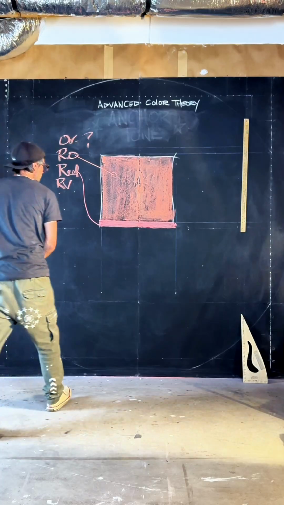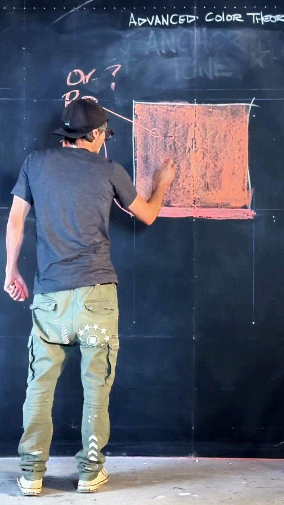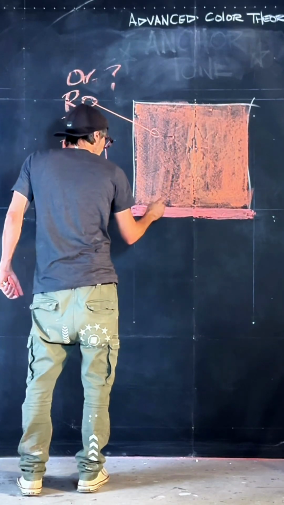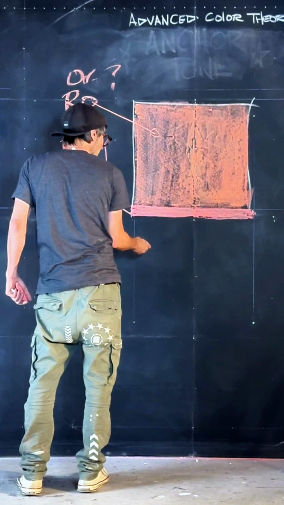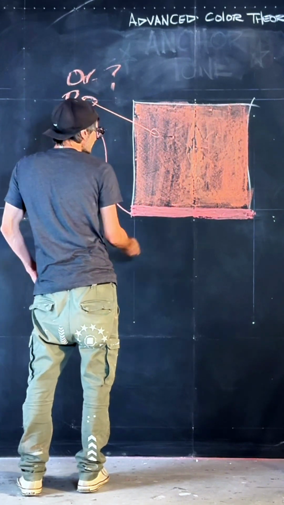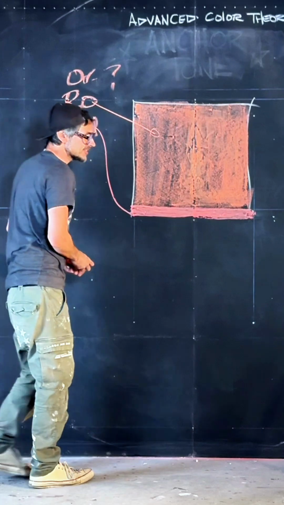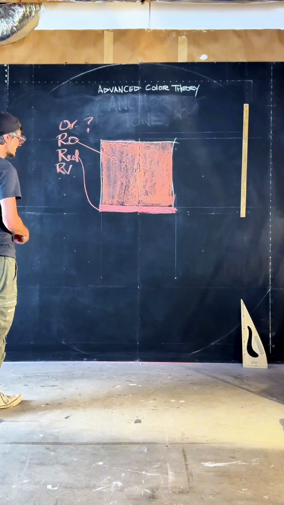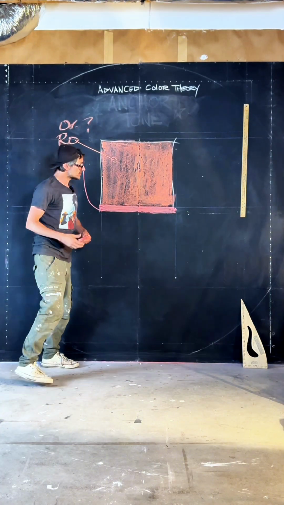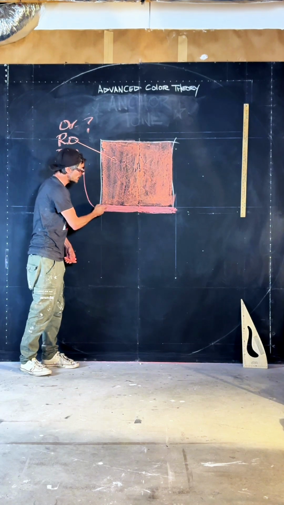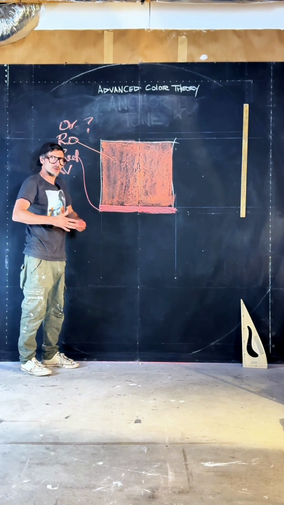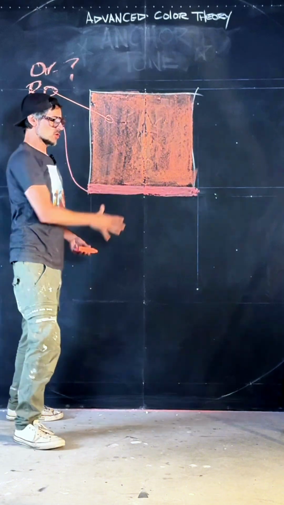It's making you say, okay, I know what this is because it is very close to this, but it's clearly not this. You figure out what it is because the anchor tone shows you what it's not. What you can't have is this be more spatially dominant, as far as area, than the main tone.